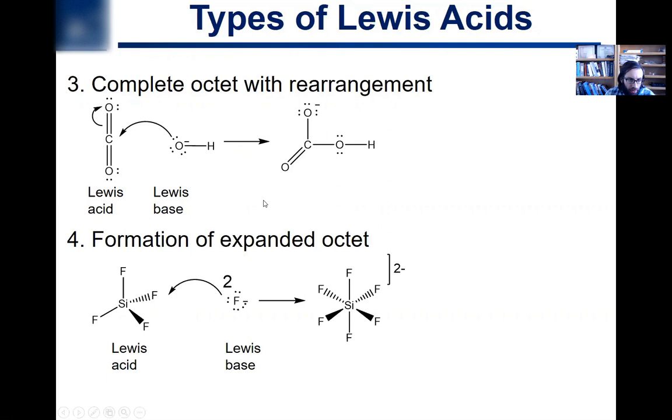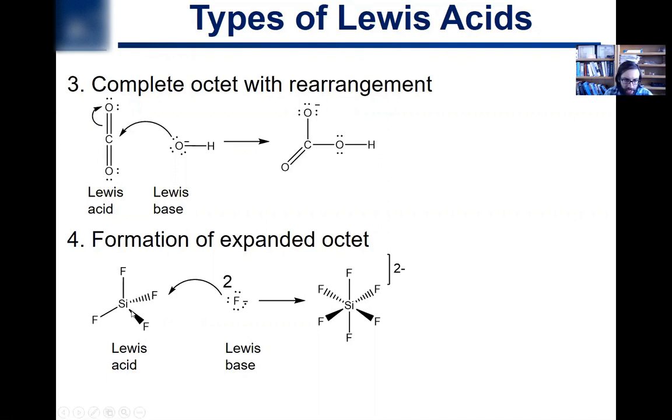And then the fourth type is a type that can form when you're expanding an octet. Here's an example where there's no protons involved at all, again. And silicon, we said from chapter 2, since it's in period 3, it can form an expanded octet.